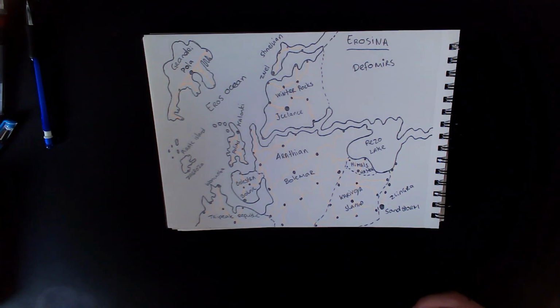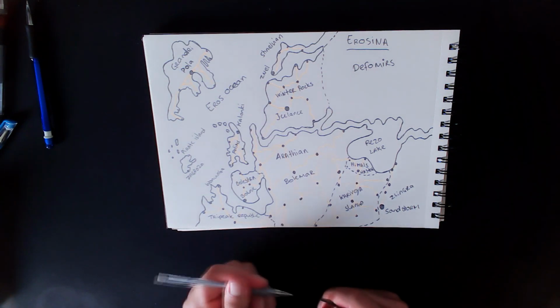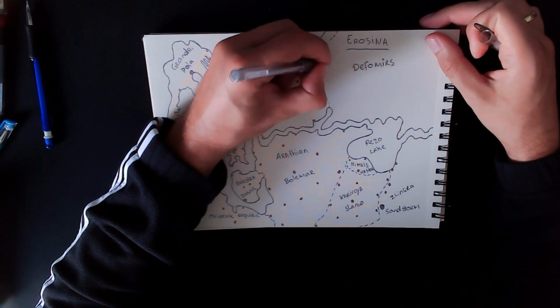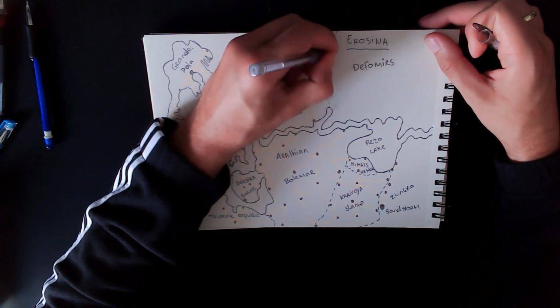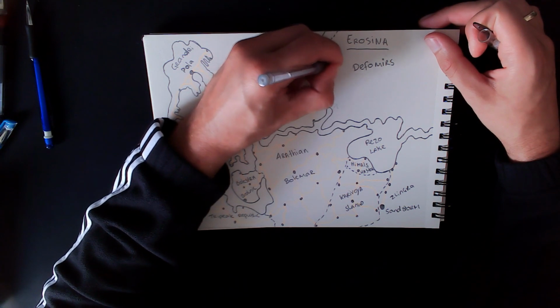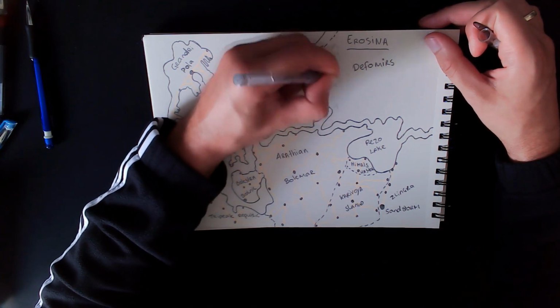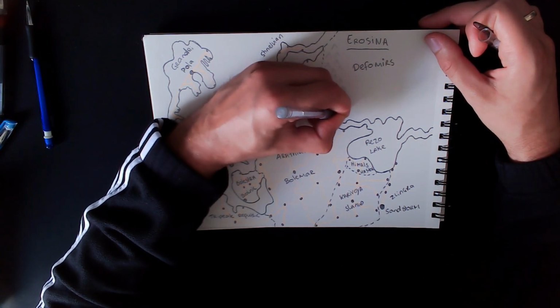Let's see what's next. Let's put in the mountains. These here are all huge mountains that separate the kingdom from the Devomirs.